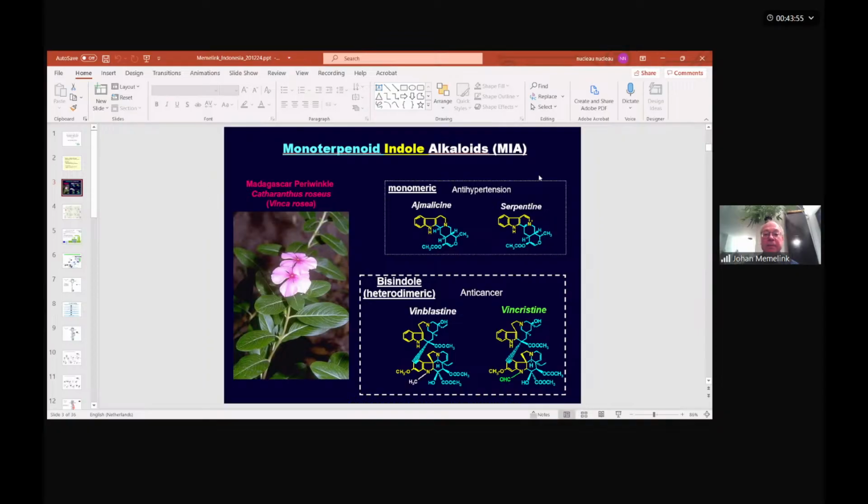The top ones are the monomeric medicines from Catharanthus. And then the plant also makes dimeric alkaloids. So two of these monomeric alkaloids are fused to each other. The two compounds shown here are important anti-cancer medicines, vinblastine and vincristine.